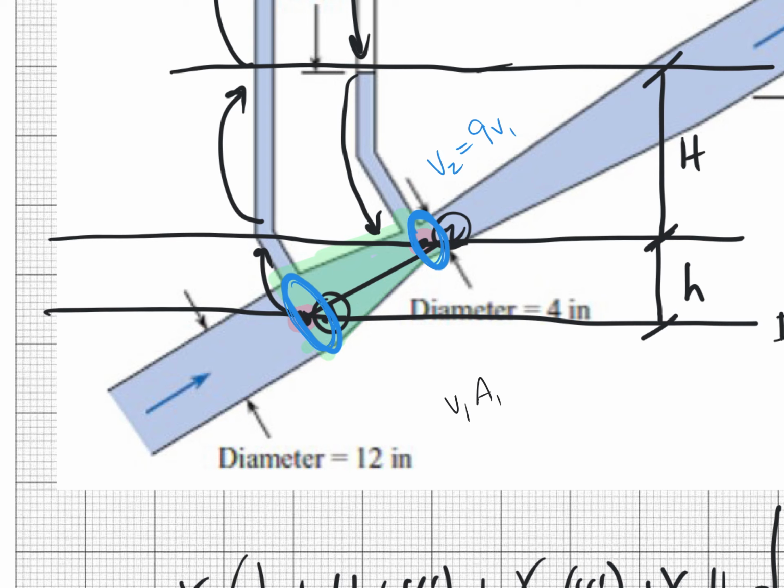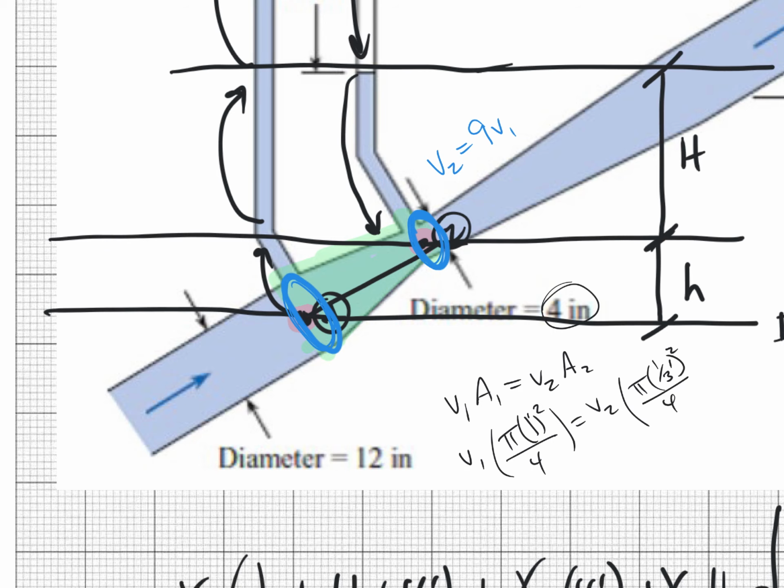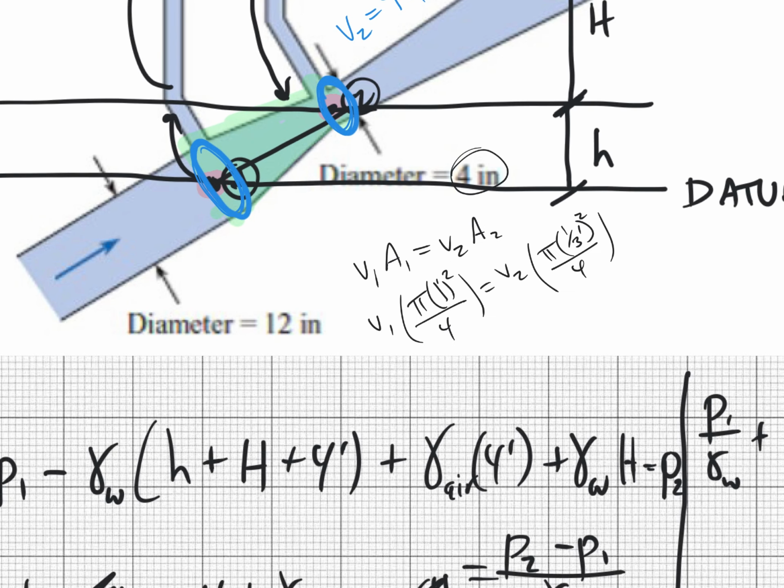Say V1A1 equals V2A2. So V1 times the area, pi times 12 inches, which is 1 foot, squared, over 4, equals V2 times pi times 4 inches, which is 1/3 of a foot, squared, over 4. The pi's over 4's go away.